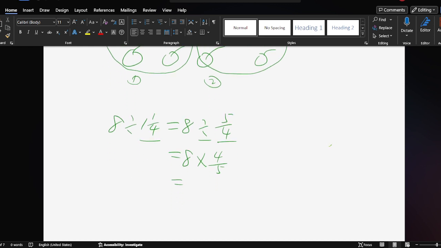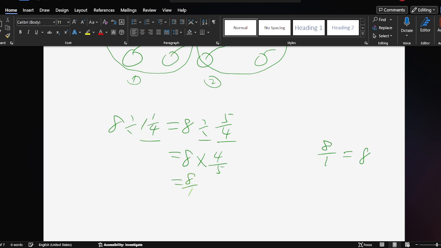Usually the integer 8, the denominator should be 1. If it's an integer, the denominator is 1, and usually we don't write the 1, we just write 8. But when we calculate, we should put the 1 back again.